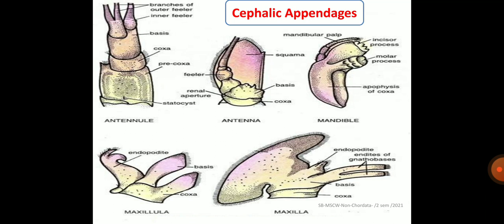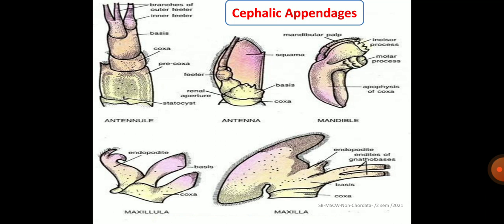These are also paired and lie one on either side just below the antennules. The protopodite is swollen due to the presence of excretory organ within, which opens by a minute renal aperture on the inner margin of coxa. Endopodite is represented by a many jointed feeler, and the exopodite is a broad leaf-like plate called squama or scale.